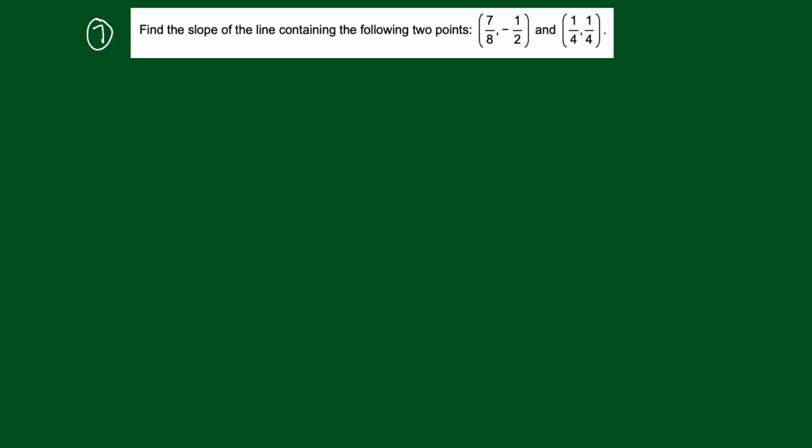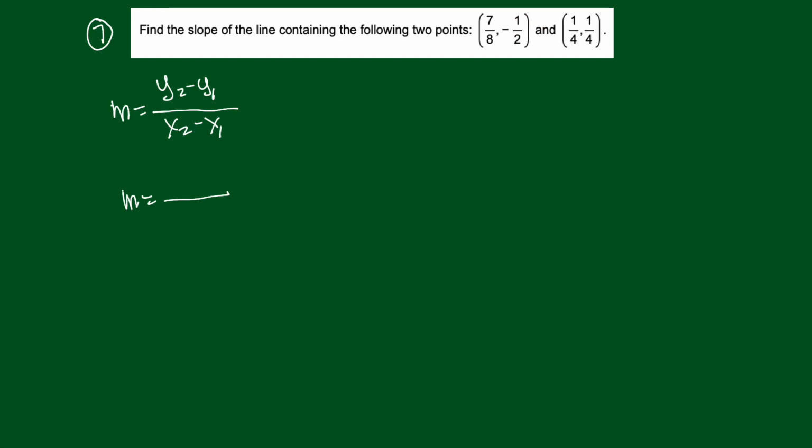Let's find the slope of the line containing these 2 points. Now we've got fractions. Let's not worry about it. Look at the denominators. 8, 2, and 4. They all seem to have a 2 in common. We might be okay here when we have to subtract. So I want to find the slope, so I'll start with the slope formula. M is equal to y2 minus y1 over x2 minus x1. So the slope is, okay, second y minus first y.